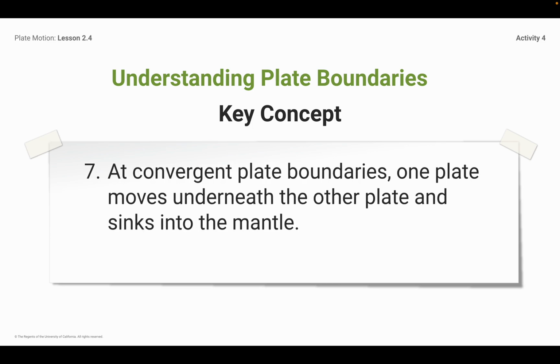And at convergent plate boundaries, key concept number 7 says one plate moves underneath the other plate and sinks into the mantle where it's destroyed. So it's time to take a look at the new evidence.